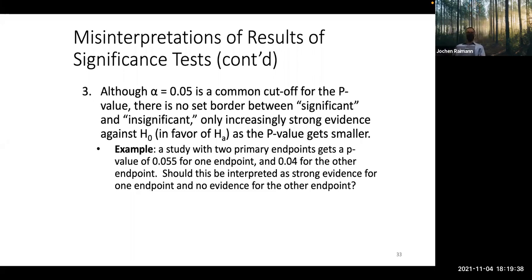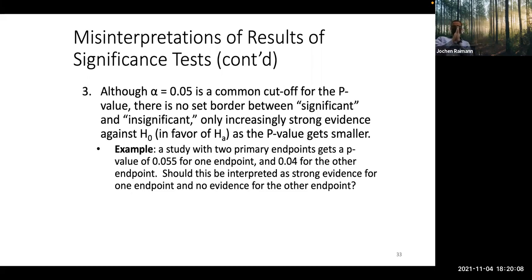Second common misinterpretation. Although alpha of 5% is a common cutoff for the p-value, it's not carved in stone. It's not the golden rule. It's something that has been established over the years. There's actually a paper, I can try to find this paper, about when this happened, that the scientific community embraced 5%.